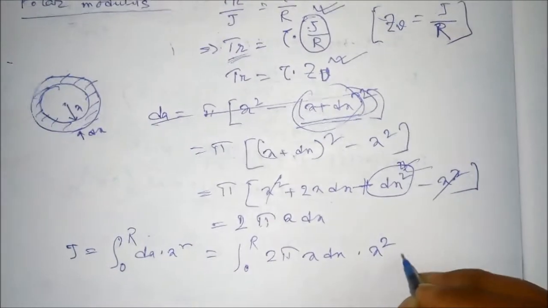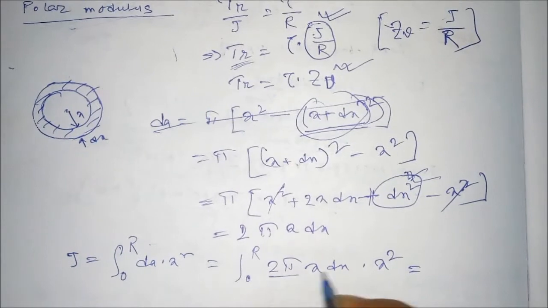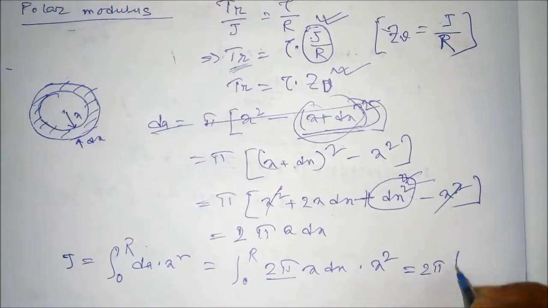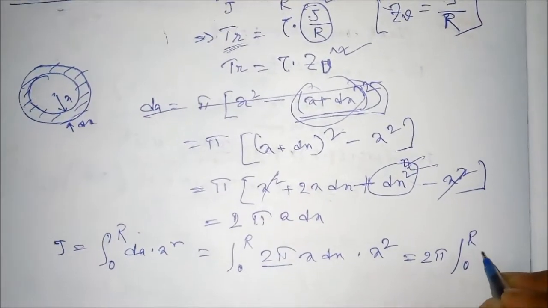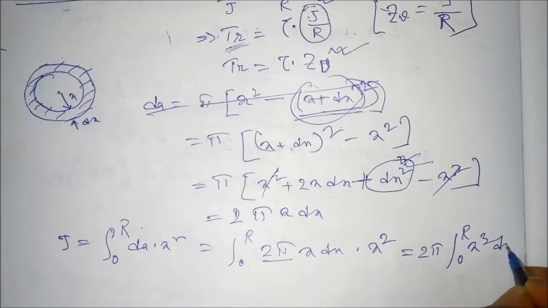Basically 2 pi is constant, so we can take it outside. This will be x cube dx.